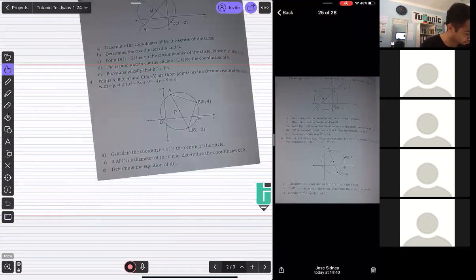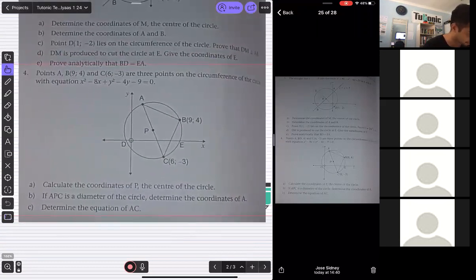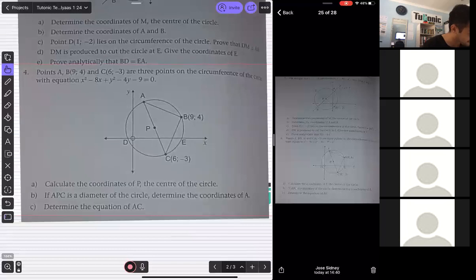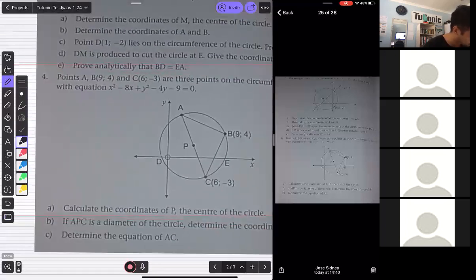So the next one, points A, B, and C are 3 points on the circumference of the circle with the equation. The same thing, right? I'm just going to do it because I've taught you guys.